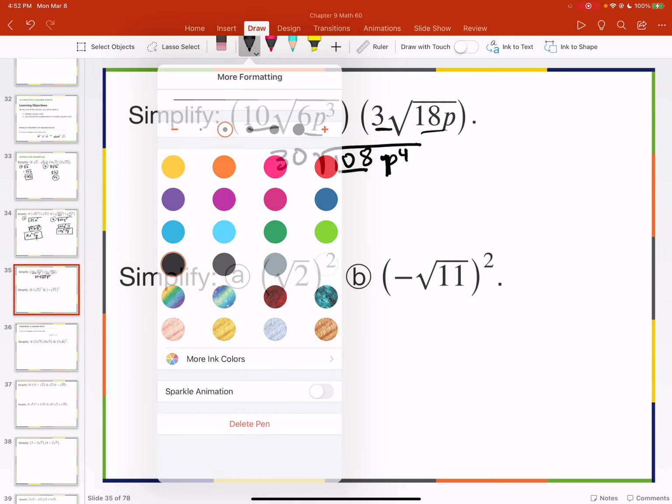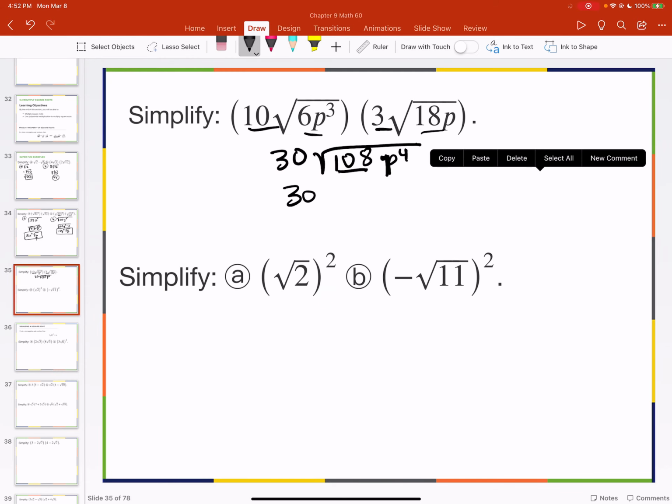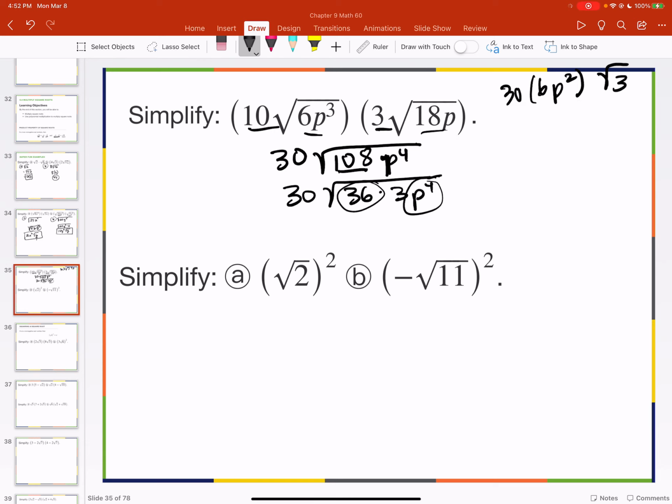So 36 is a perfect square. So 30, and then you have here 36 times 3, p to the power 4. This comes out, so then you get 30 times 6p squared, because we took the square root, and then what's left is the 3. And then, so final answer is 180 p squared, square root of 3.